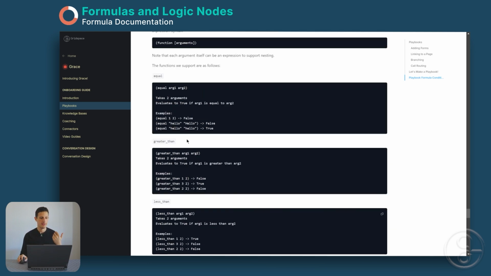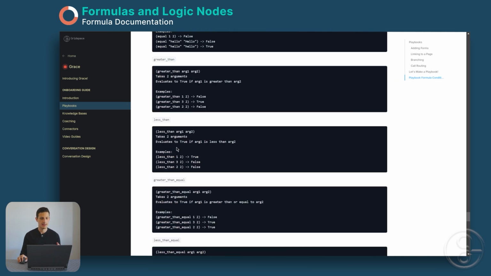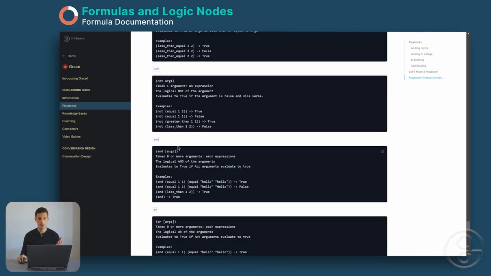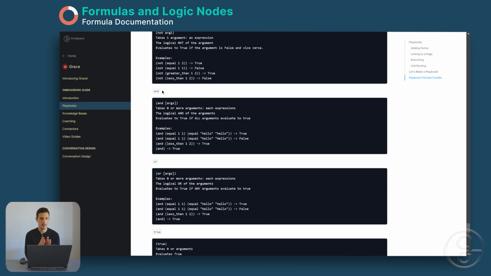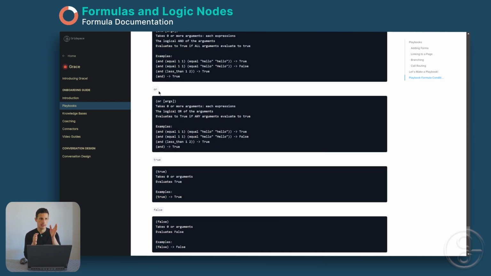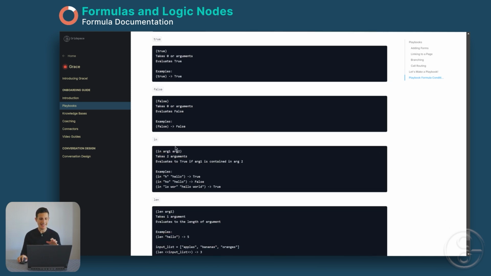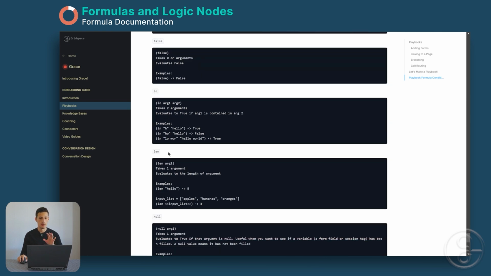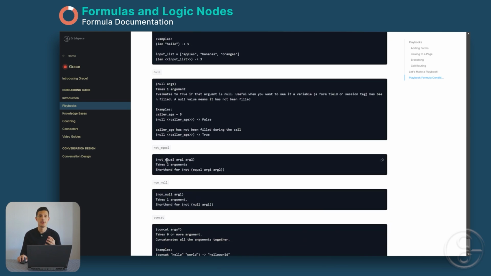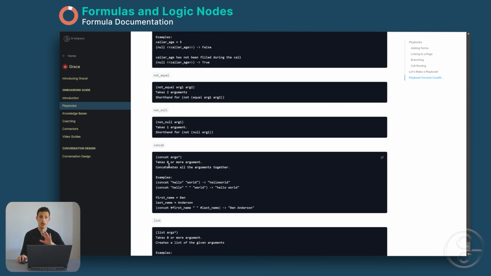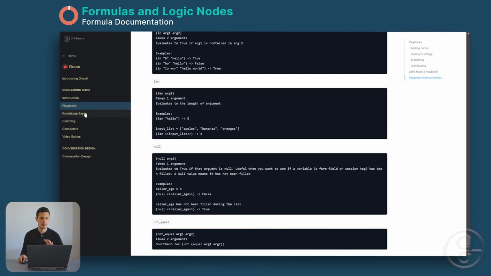So we have, of course, equal, greater than, less than, greater than or equal, not, and. So we used and, where we have 2 conditions that need to be fulfilled. Or you can use the or condition, where you have this condition or this condition, then go this way. So there are a lot of things you can do with logic nodes that I didn't show. But if you would like to know how to find it and a bit of explanation, you can find it here in the playbook section in our documentation.